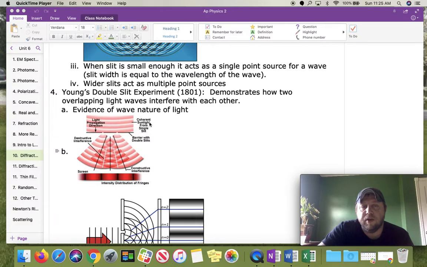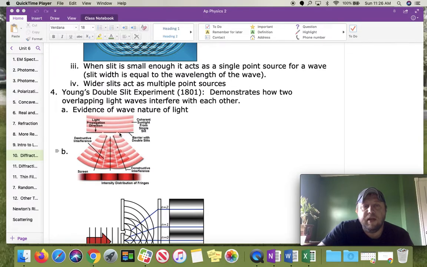What that did is it created coherent light instead of having light in multiple different waves. Basically, it means that all the light was in phase after passing through the single slit. So imagine there's a single slit right here. Coherent light then, he made incident upon a double slit.